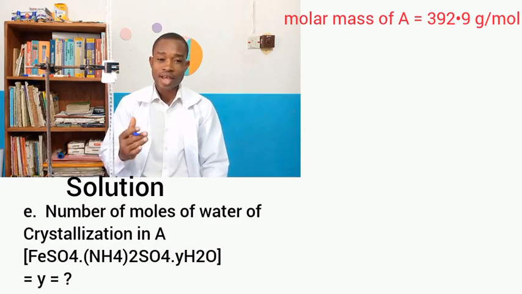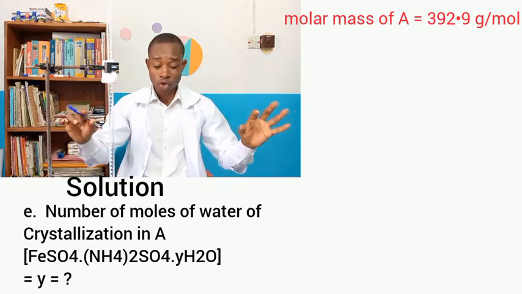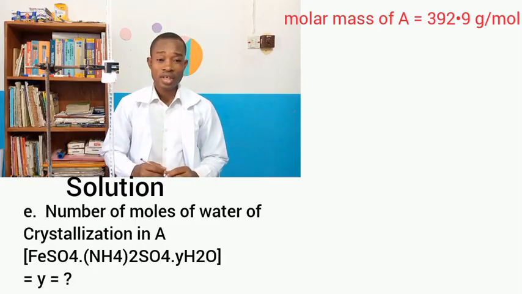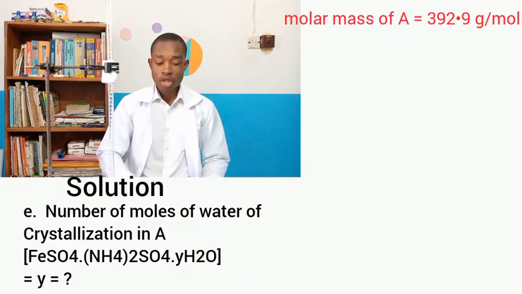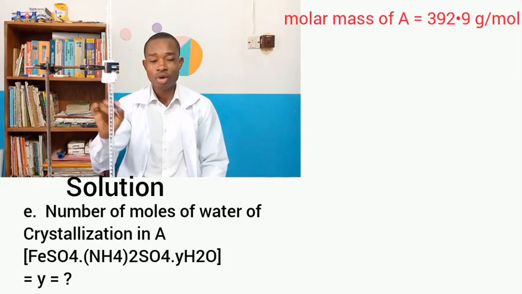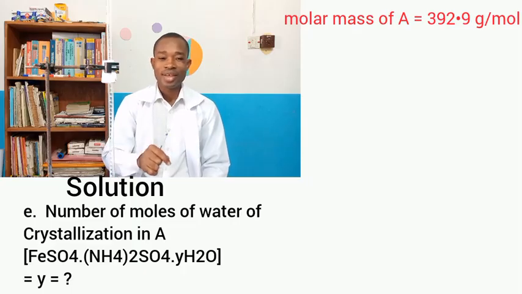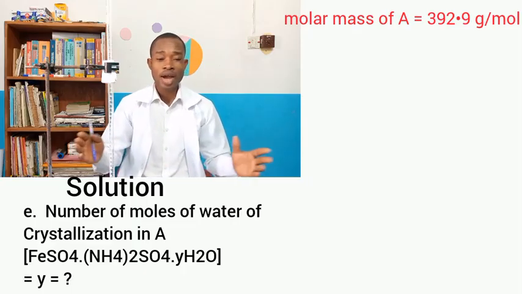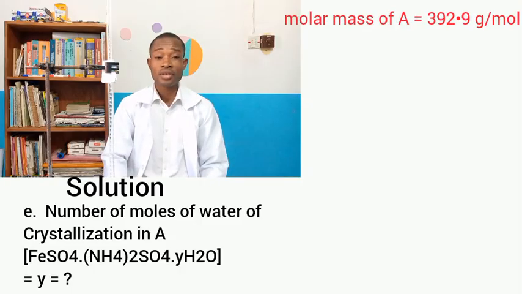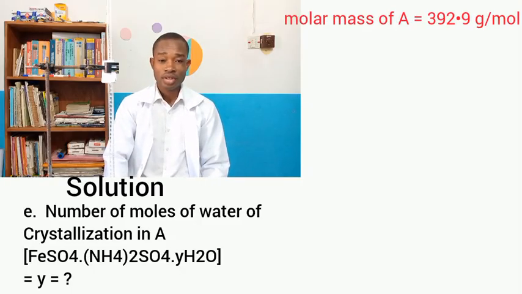Our solution A is ammonium iron(II) sulfate. The hydrated form written in full is FeSO4(NH4)2SO4·YH2O. That is the compound solution A, the hydrated form of ammonium iron(II) sulfate used in this redox titration reaction.